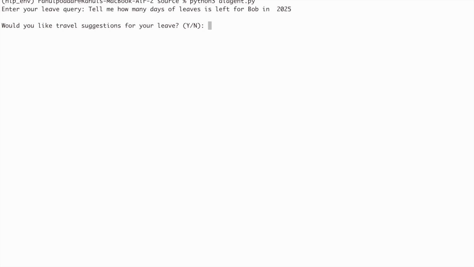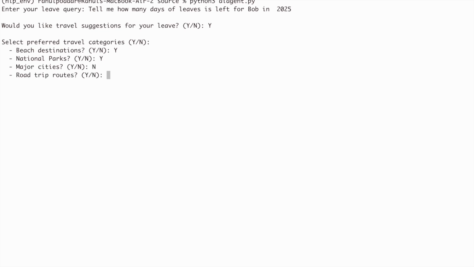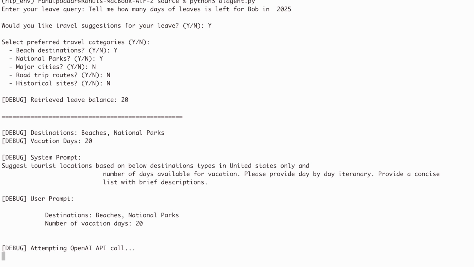If I say yes, then it's going to ask me a few more questions. Do you want to go to a beach destination? Yes. Then do you want to go to a national park? Yes. And to others I would say no, as I may not have enough leaves. So let's say no. Now internally it is going to connect to my database and get the number of days.